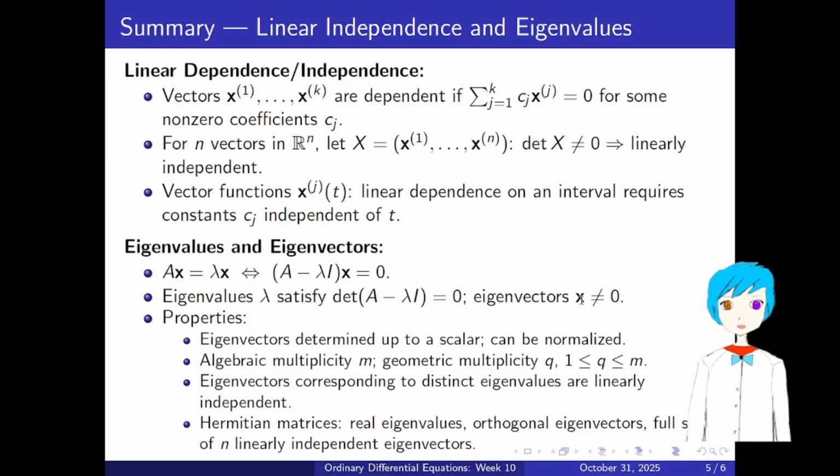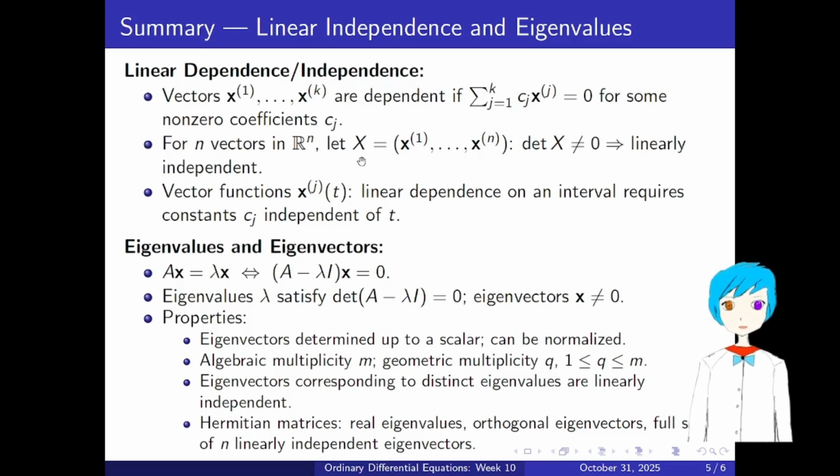For ODE systems, we first need to clarify some concepts like linear dependence and independence for the solutions. For k vectors, they are dependent if there exist non-trivial coefficients Cj for j from 1 to k such that the linear combination equals 0.